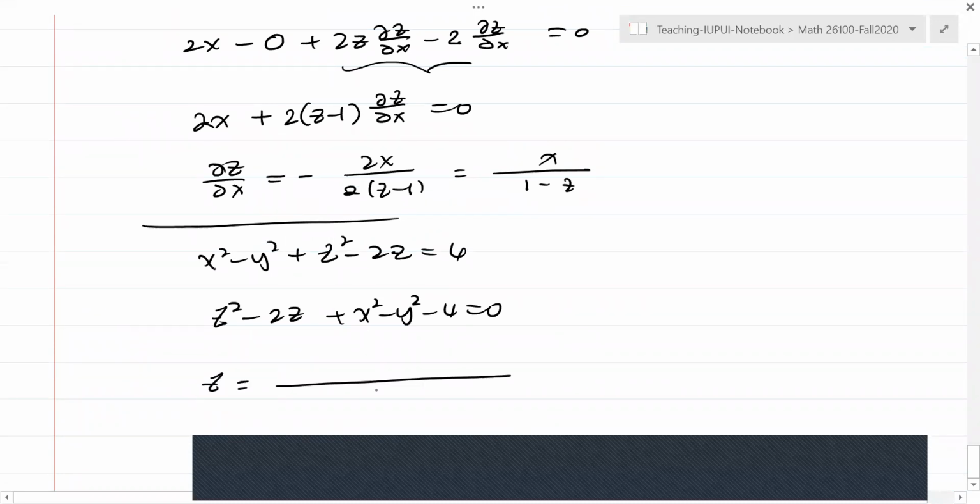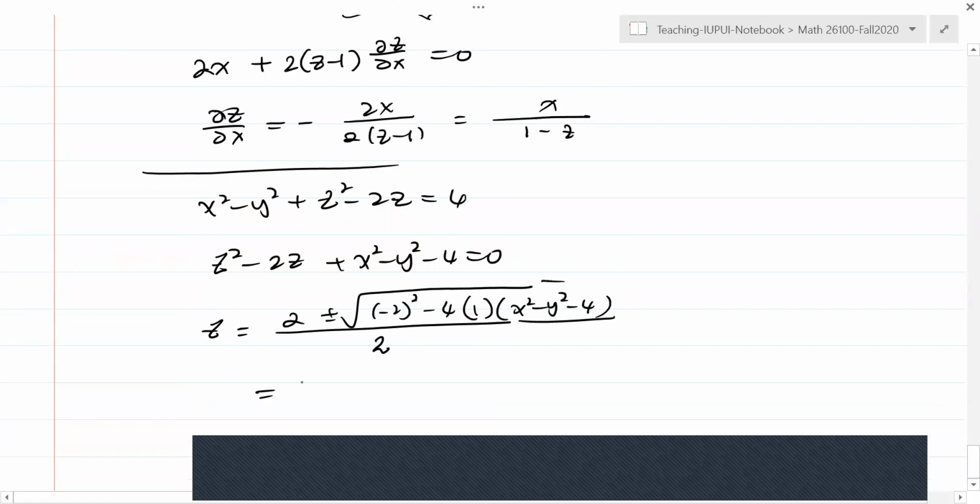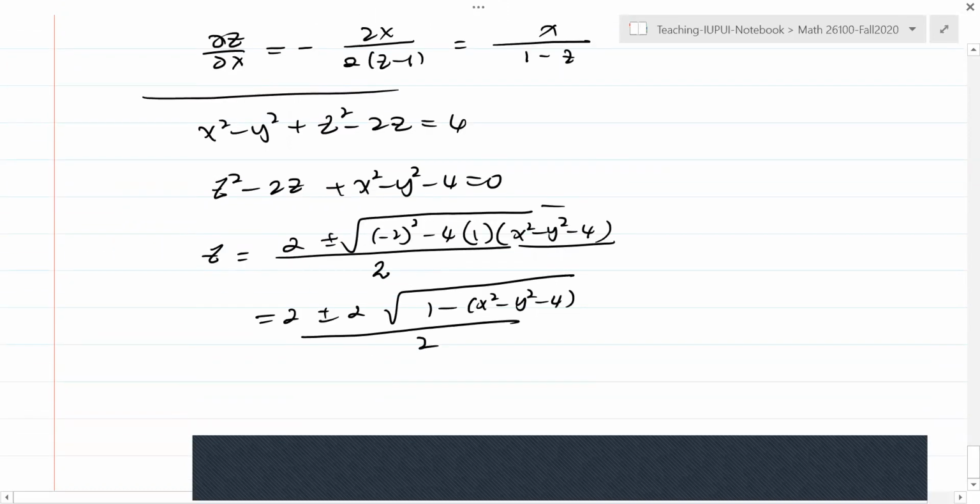By the quadratic formula, z is 2 plus or minus the square root of b squared minus 4ac, over 2. I can take the 4 out. After I simplify, I get 1 plus or minus the square root of 5 minus x squared plus y squared.